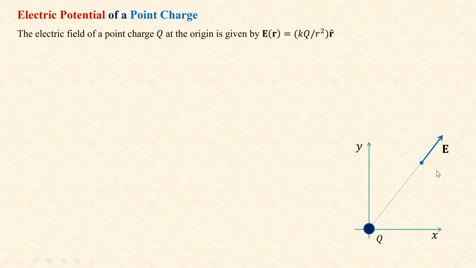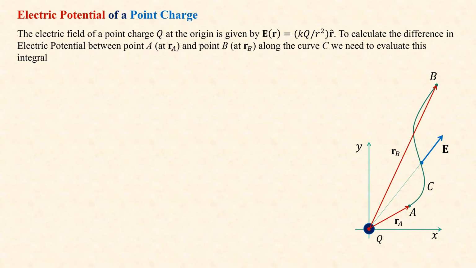And we can write this electric field, as you know, as a magnitude and direction. Magnitude is KQ over R squared. And the direction is in the direction of R hat, where R is from this point to this point. And so this is the electric field of a point charge.